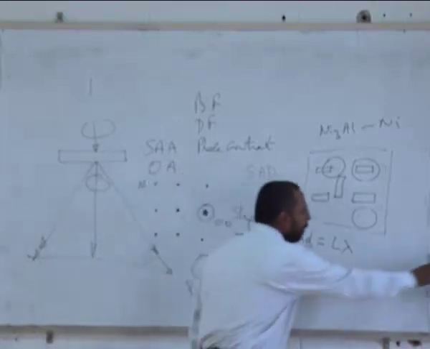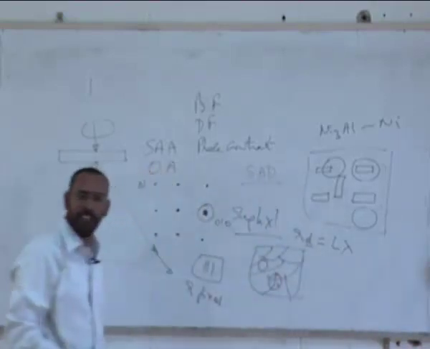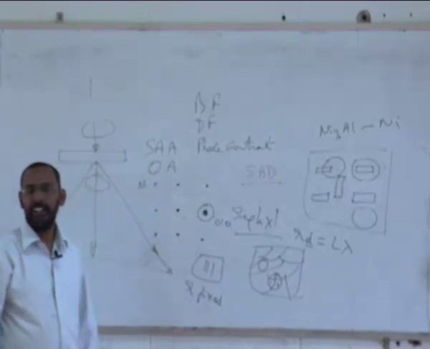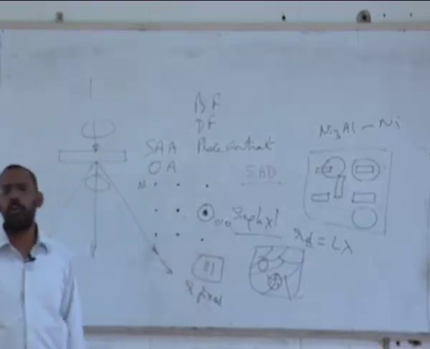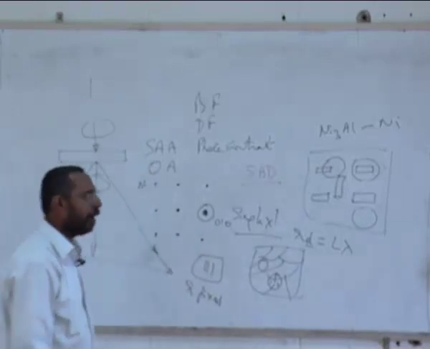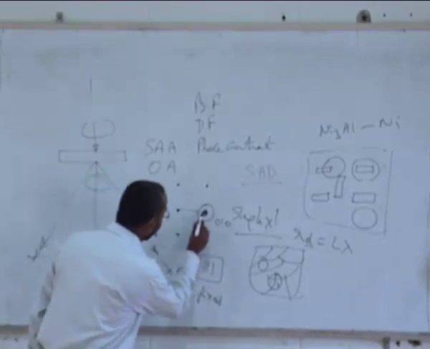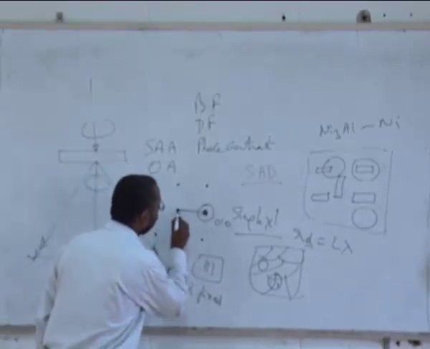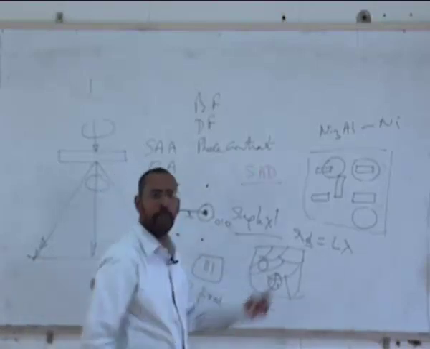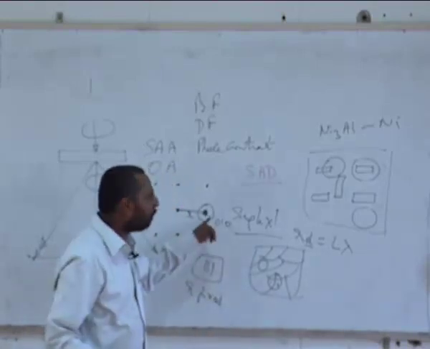If one of the grain is giving a diffraction pattern at this, the second grain should give its 010 at a particular spot which is at equal distance from the central spot. Because R has to be the same, because D is the same for grain 1 and grain 2.